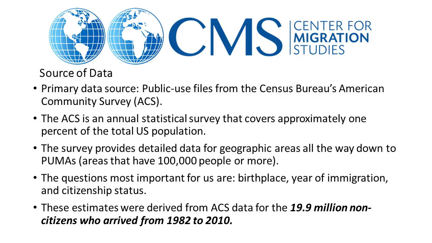These estimates were derived from the part of the survey, from the 19.9 million non-citizens who arrived from 1982 to 2010. And I put this in bold because this is the heart of the estimation procedure, because this essentially includes all of the unauthorized immigrants.